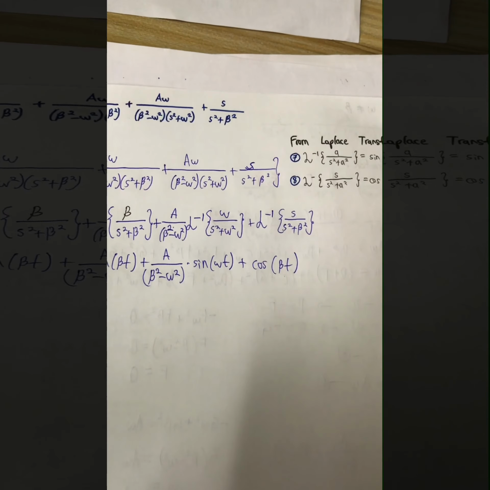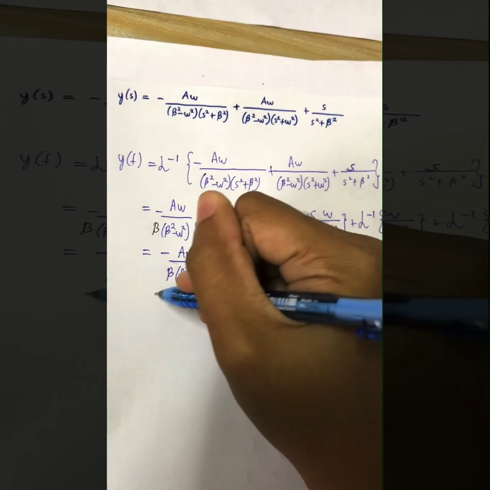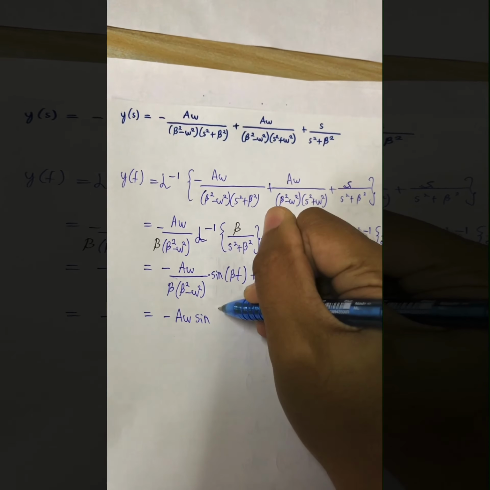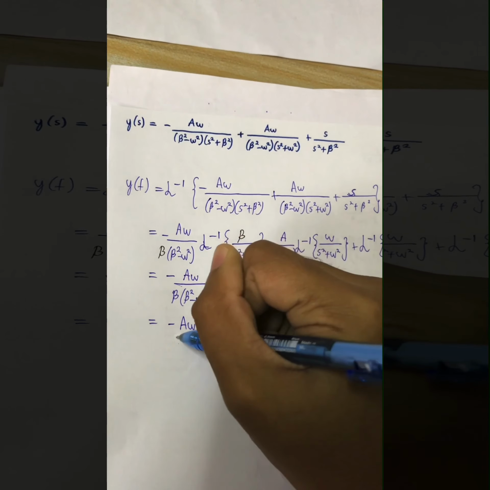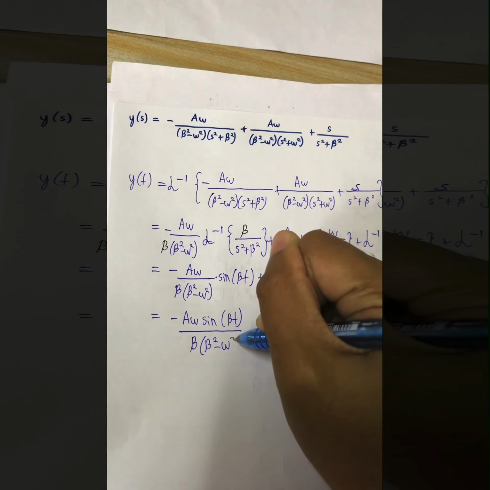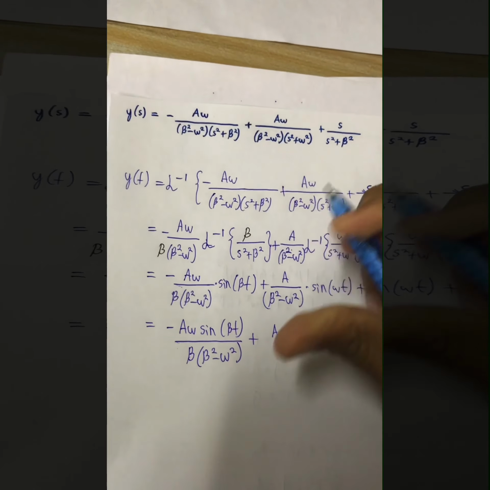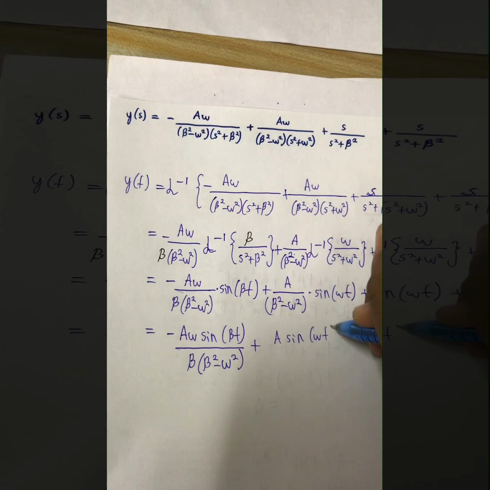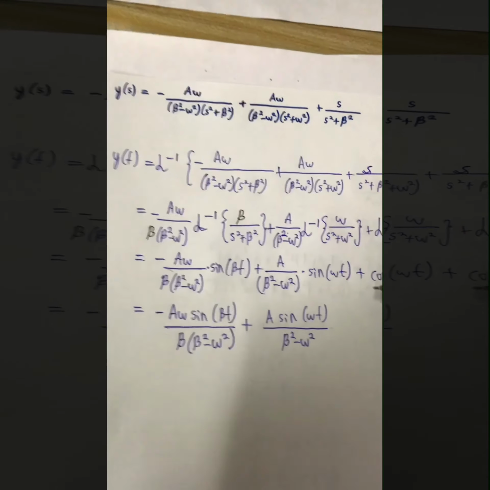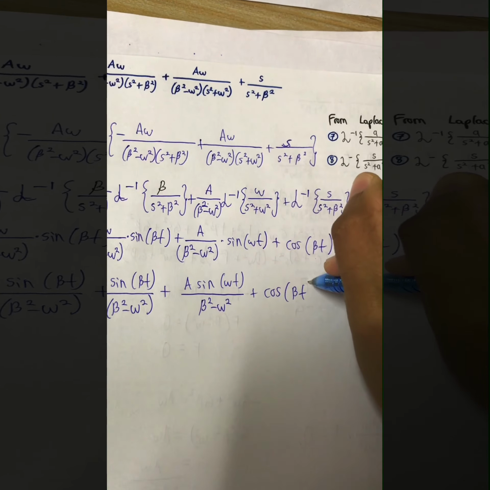So we try to write the answer in a proper form. We get minus a omega sine beta t over beta square minus omega square, and then plus a sine omega t over beta square minus omega square, plus cos beta t.